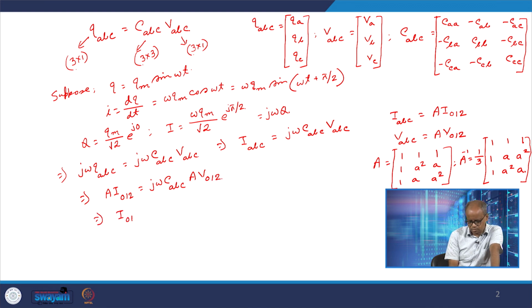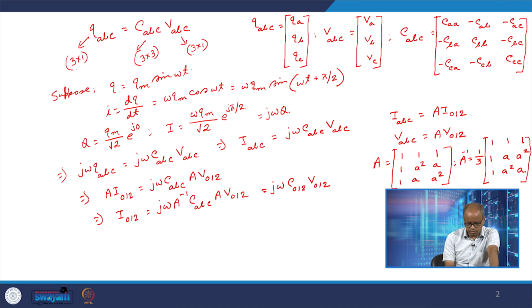Now omega is basically a scalar quantity, so I can say that it is J omega A inverse C ABC into A into V 0 1 2. So I can write it down as J omega C 0 1 2 into V 0 1 2.